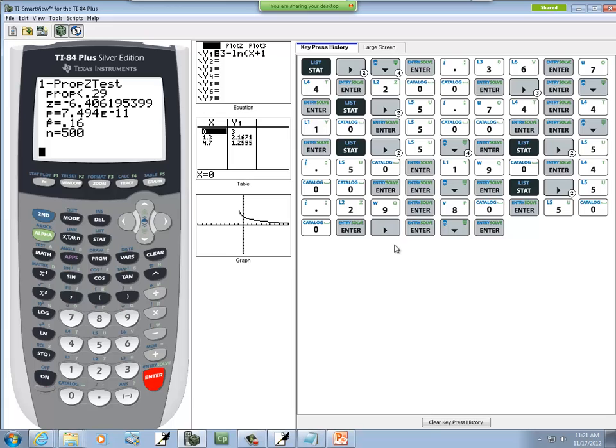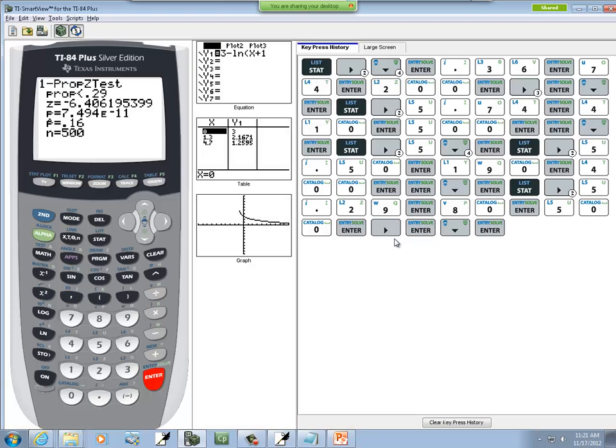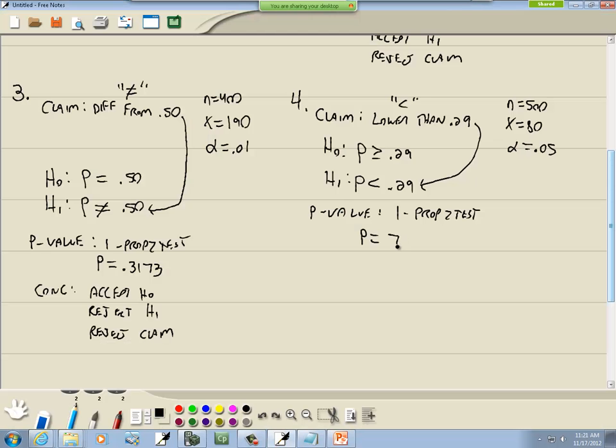And we got, wow, 7.49 e to the negative 11. Now that's scientific notation. That means move our decimal point 11 places to the left. So 1, 2, 3, 4, 5, 6, 7, 8, 9, 10, 7, 4, 9. Pretty small.